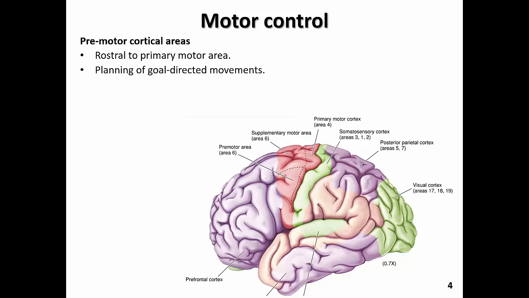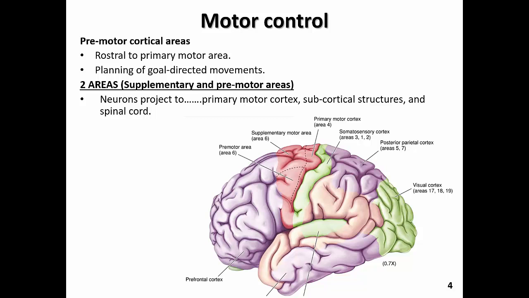There are two specific areas outside of the primary motor cortex involved in this capacity, and that's the supplementary area and the premotor area. And neurons from these two areas will project to the primary motor cortex, and we'll point this out on this drawing shortly.